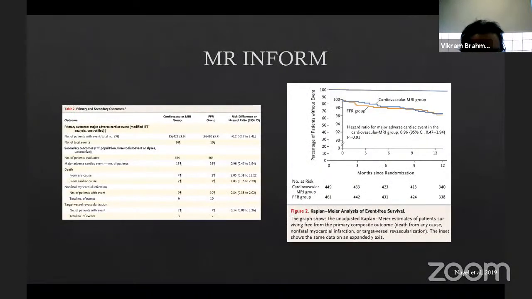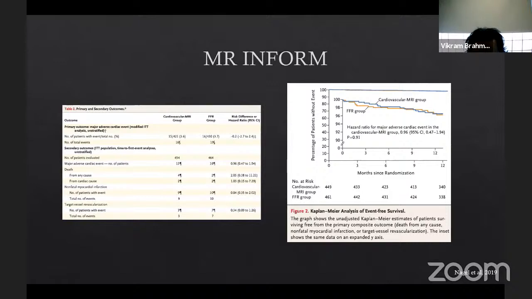And then more importantly, MR-INFORM is another sort of landmark trial. This was a multi-center randomized trial looking at just under 1,000 patients with stable angina assigned to stress MRI versus invasive FFR. And revascularization was offered if at least 6% of the LV myocardium was ischemic. So that's roughly 2 or more neighboring segments, or if FFR was less than 0.8.